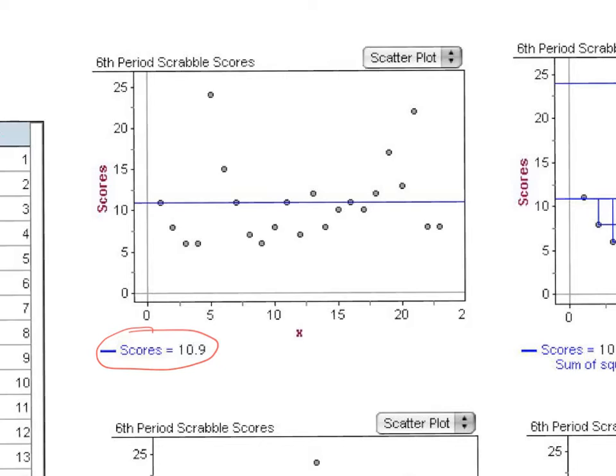So if someone came up to me and said, hey, can you predict my Scrabble score, and they weren't in this class, my best guess would be to say, I'm going to guess 10.9 is your score. It's just the average of all the scores that I've ever gotten, okay? And obviously at this point, I don't know how many letters were in anyone's names.